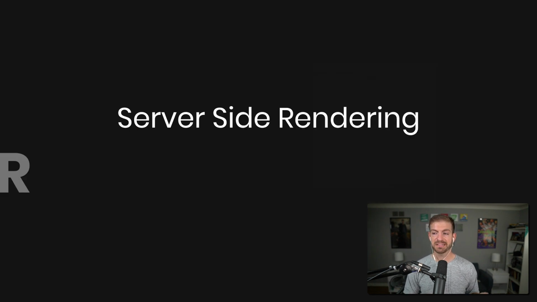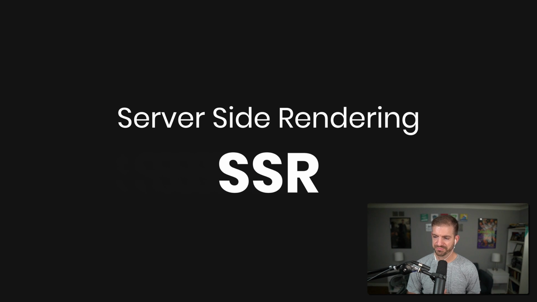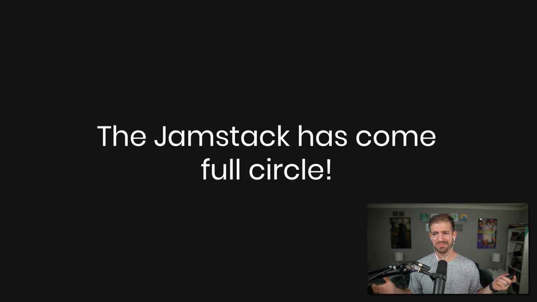So this leads us to SSR, server-side rendering. And the really funny thing about this is Jamstack has come full circle. Jamstack had this really big focus on static content. That's kind of where this evolved. And then it came to the conclusion of, hey, static content is great, but what if we need some server-side rendered content? What if we need some dynamic content? Well, that's where server-side rendering comes into play here.